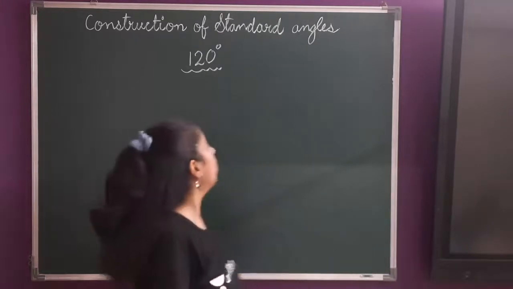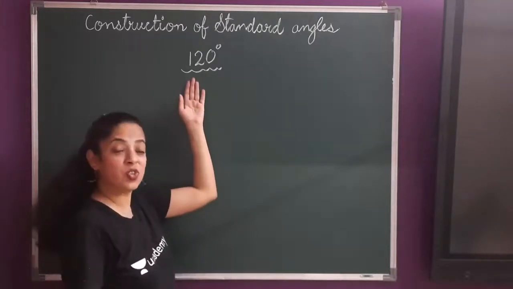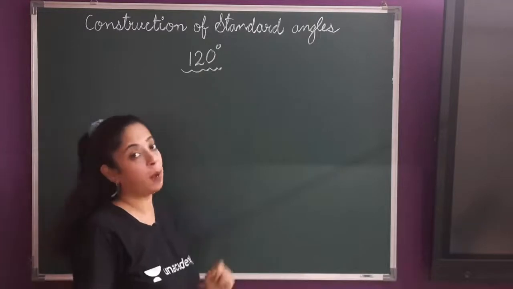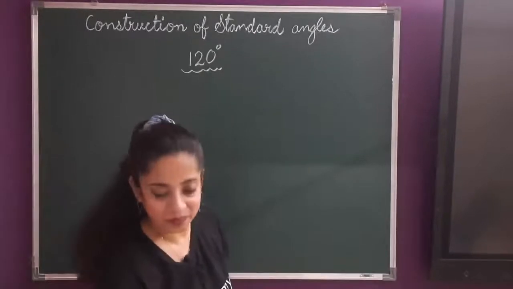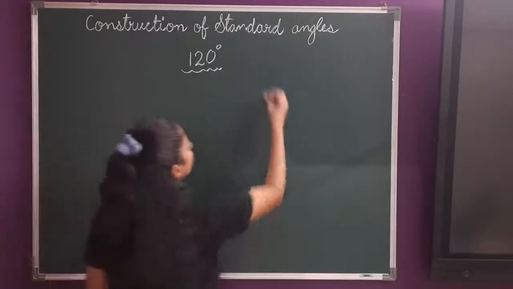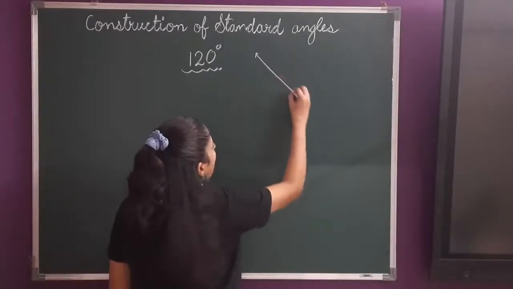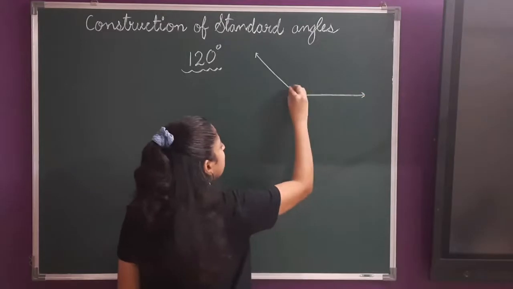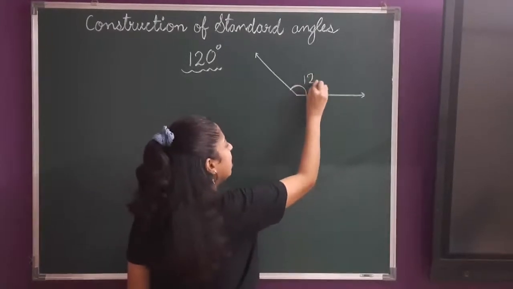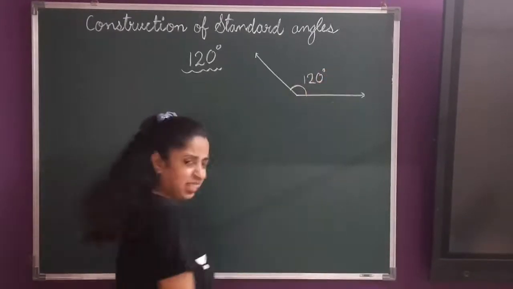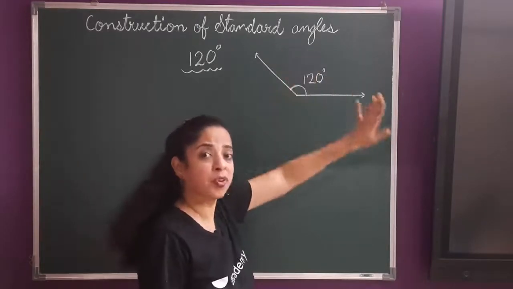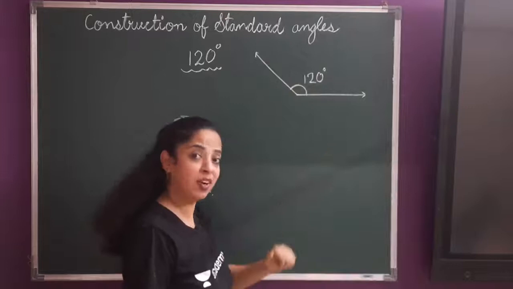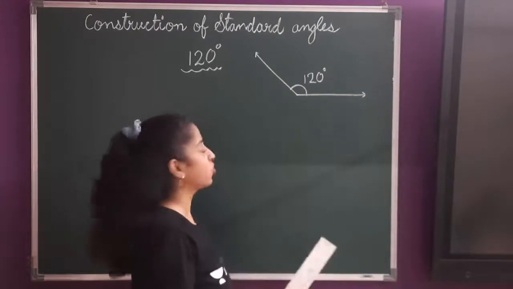So in today's video, we are talking about constructing 120 degree with a compass. So let's get started without wasting any time. Suppose you are told to draw an angle of 120 degree. In your class 9 and 10 you won't be told to draw 120 degree as such, but this will help you in the construction of triangles, in construction of similar triangles and in all the construction.